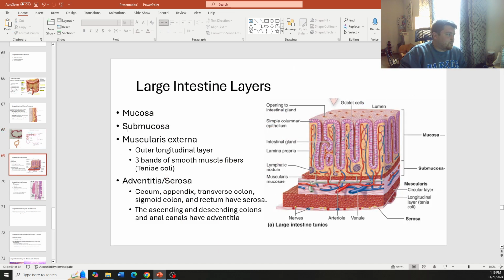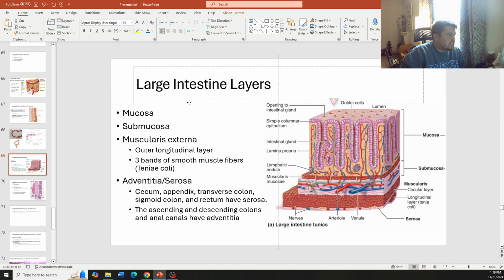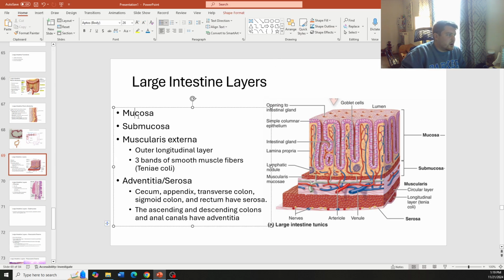Okay, so looking at the large intestine layers, of course we have mucosa, submucosa, muscularis externa, and then the adventitia and serosa. The muscularis externa, we have an outer longitudinal layer, and then we have 3 bands of that smooth muscle fibers being the taeniae coli.